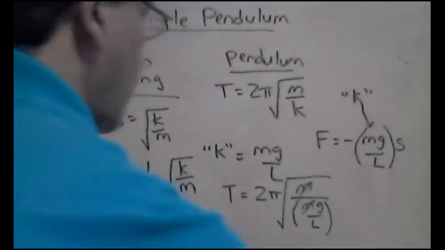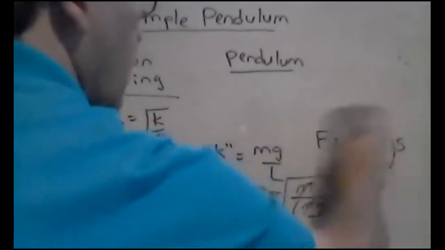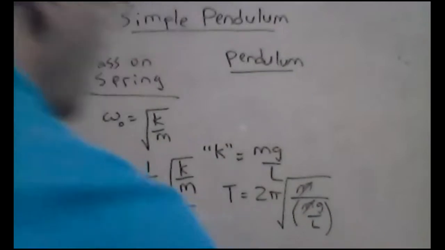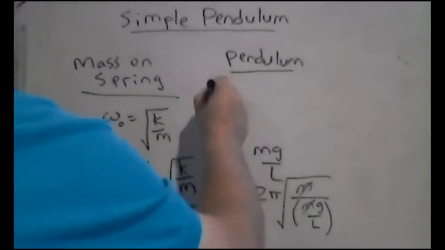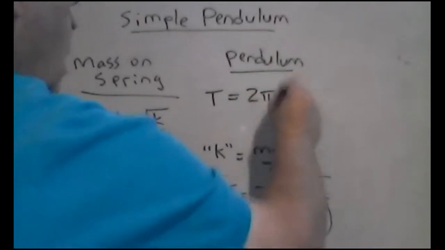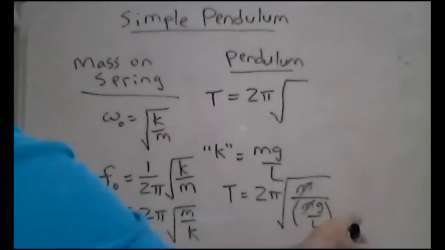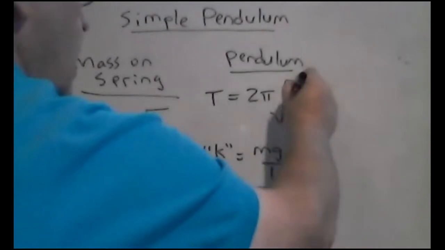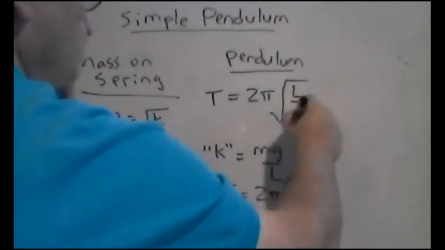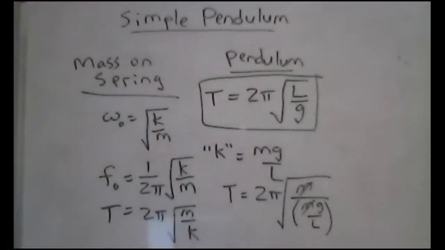And so what I actually get for the pendulum, the period of my pendulum, which is going to be important to our study tonight, will be 2 pi, well, I'm going to multiply top and bottom by L, so it's going to be 2 pi square root of L divided by g. That is the period of the pendulum, independent of mass.